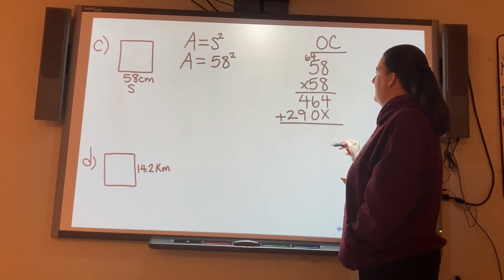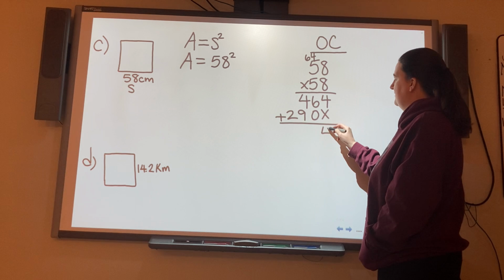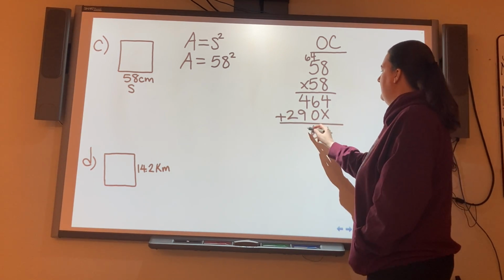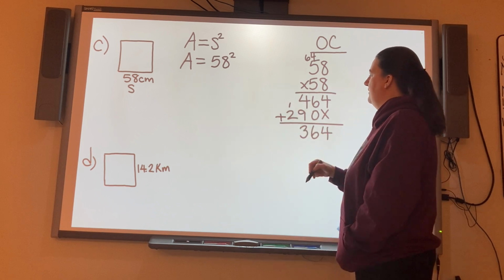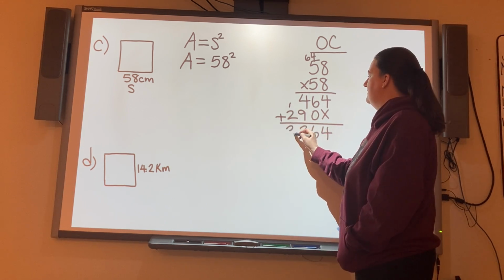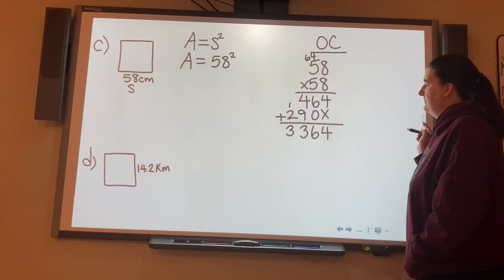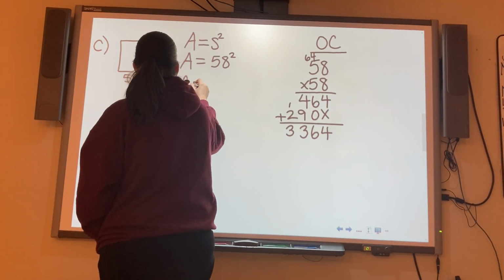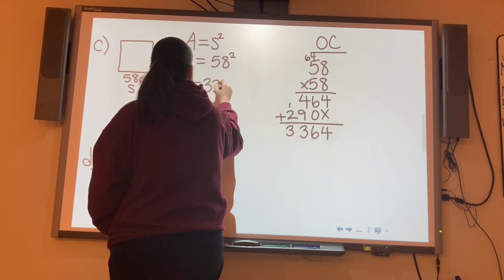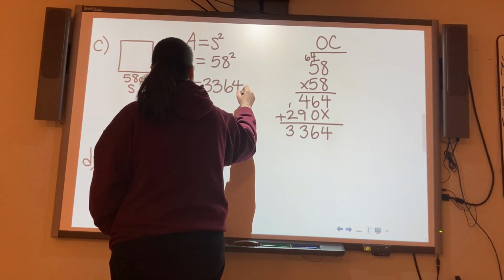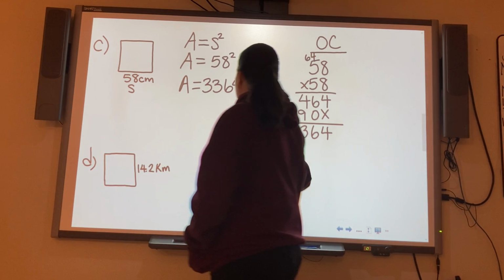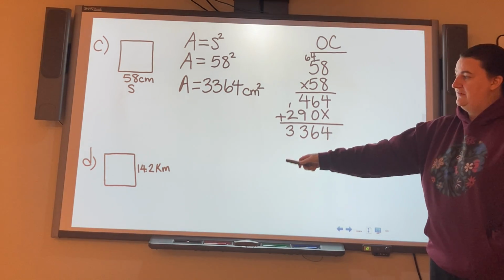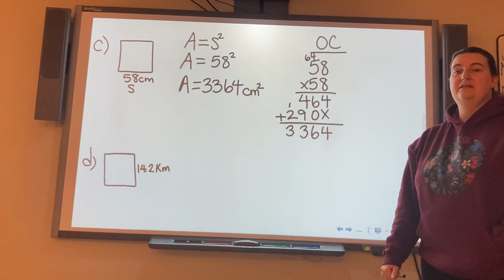Add up your answer lines. 4 plus nothing is 4. 6 plus 0 is 6. 4 plus 9 is 13, carry your 1. 2 plus 1 is 3. No decimal spots. So area equals 3,364 centimeters squared. So based on what you know, you're going to have to do that tonight for homework.